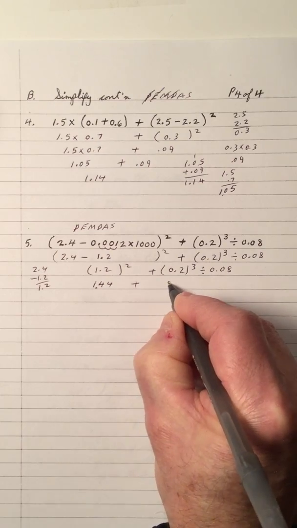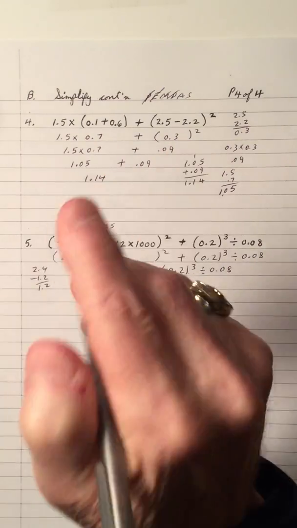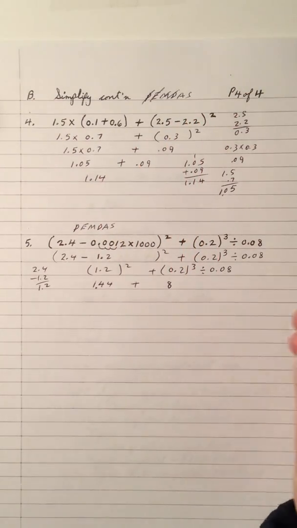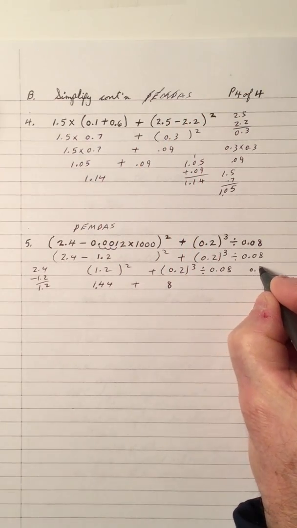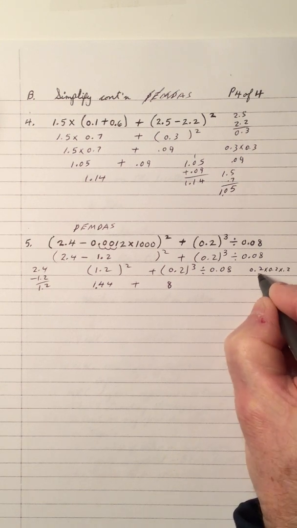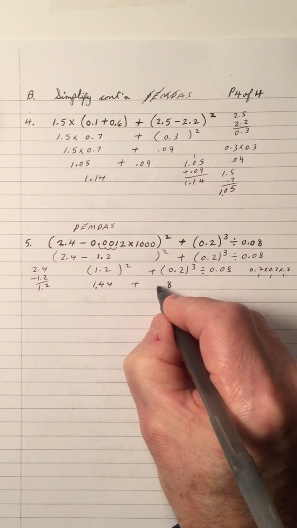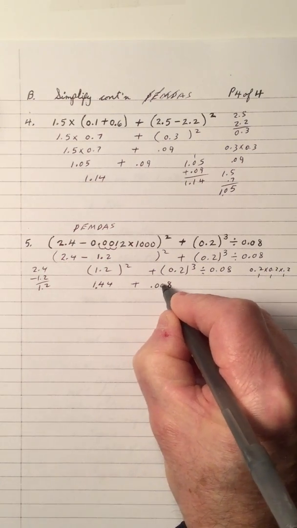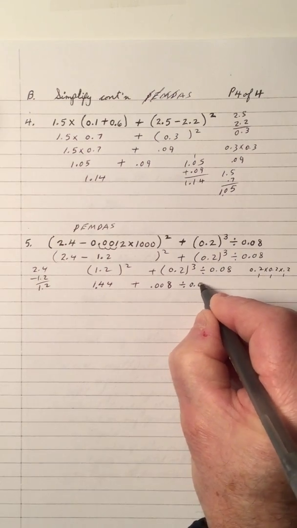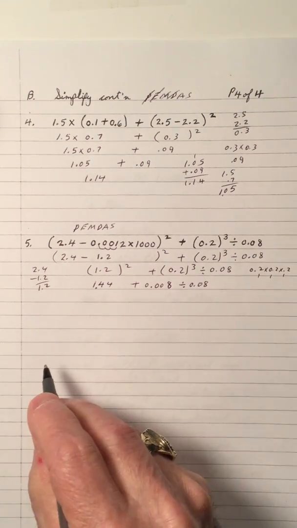That makes it an 8. And I get one decimal place 3 times, that's 1, 2, 3 decimal places. So I get decimal 0.008 divided by 0.08. I could put a 0 here if I want.